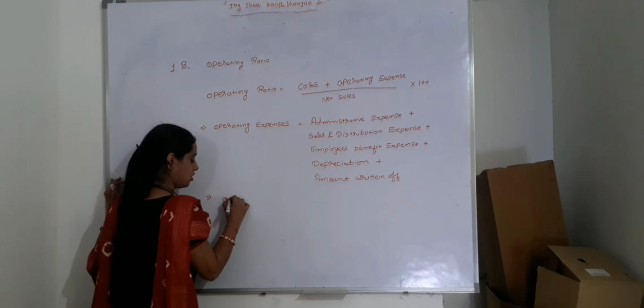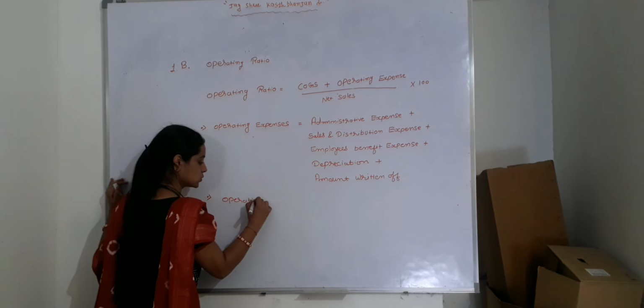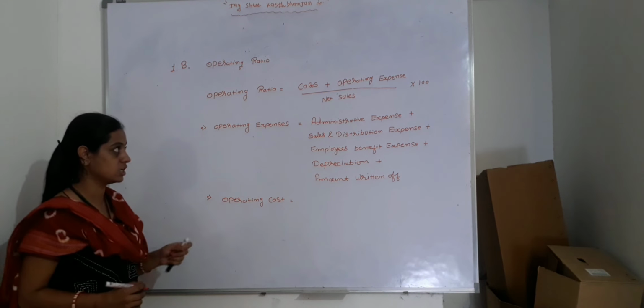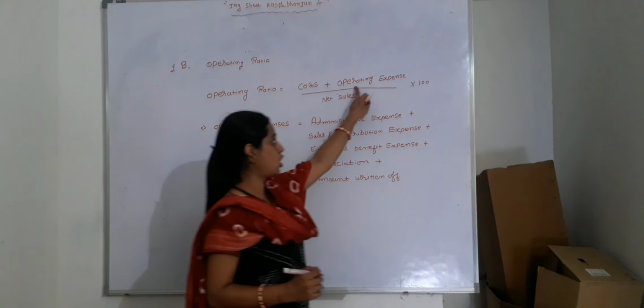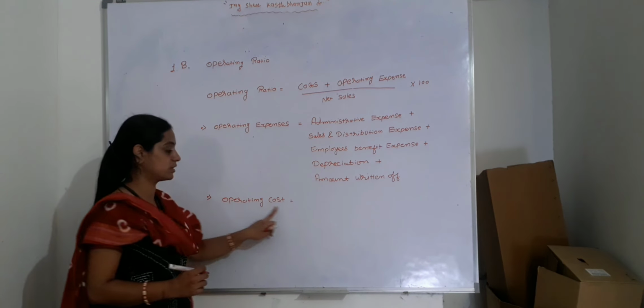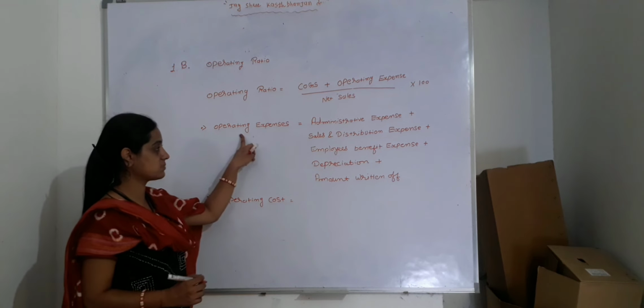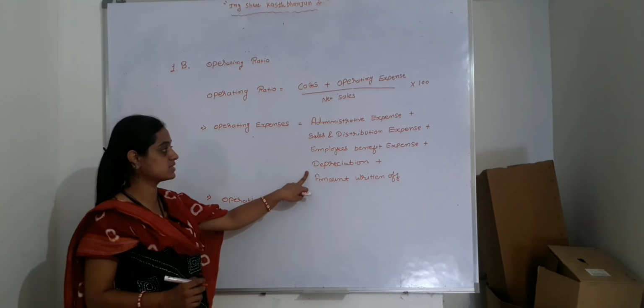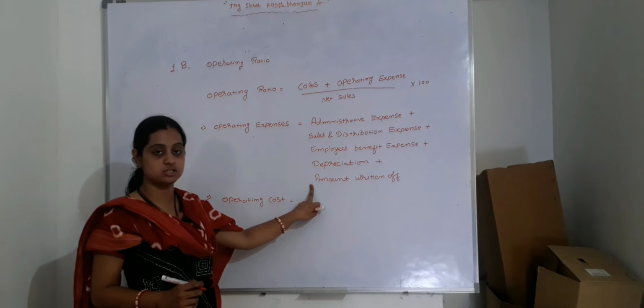So operating cost is equal to, see, there is a difference between operating expense and operating cost. Operating expense means admin expense, sales and distribution expense, employee benefit expense, depreciation and amount written off.